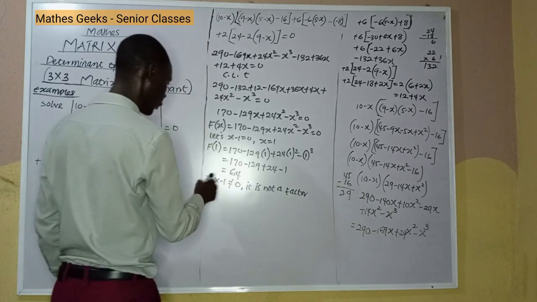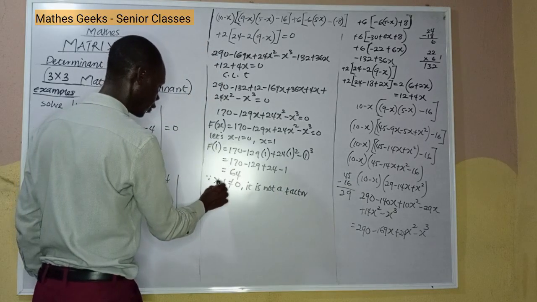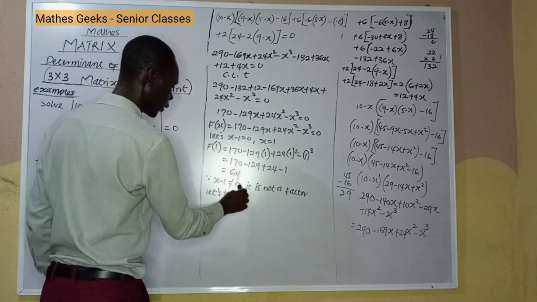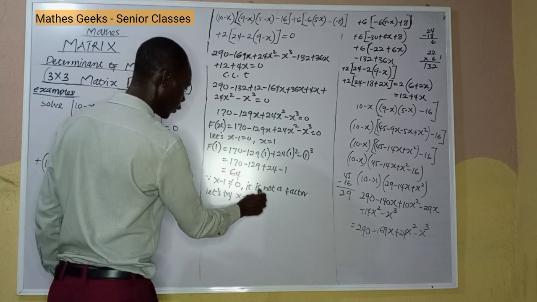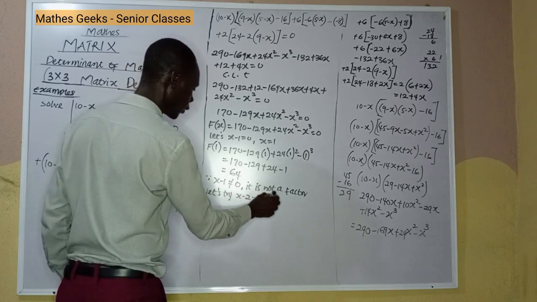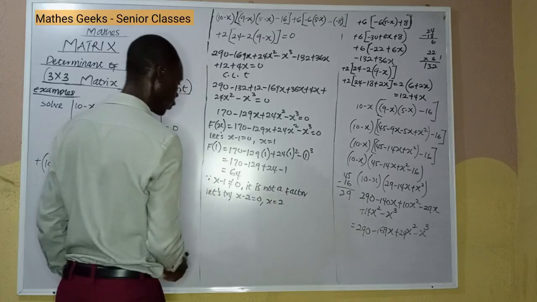Let's try x minus 2. Let's try x minus 2 equals to 0. So x minus 2 is equal to 0 implies that x equals to 2.